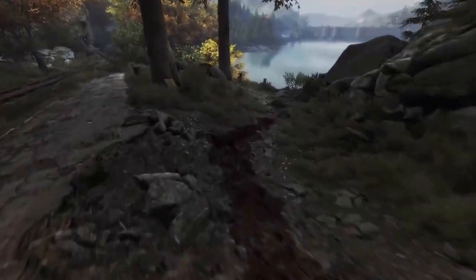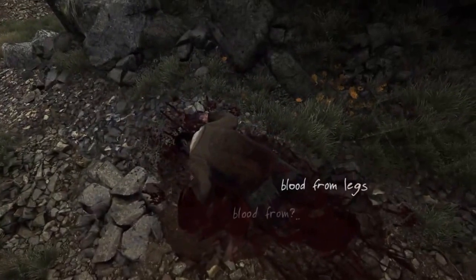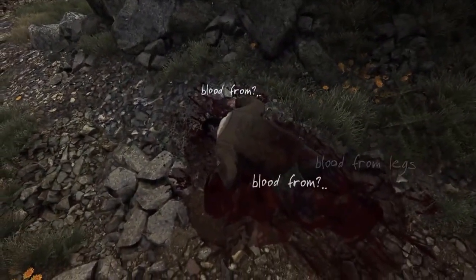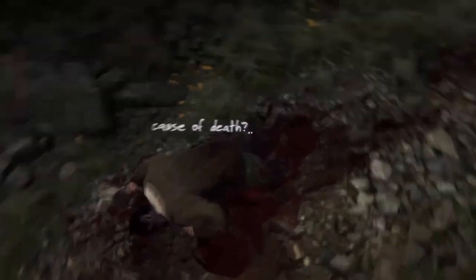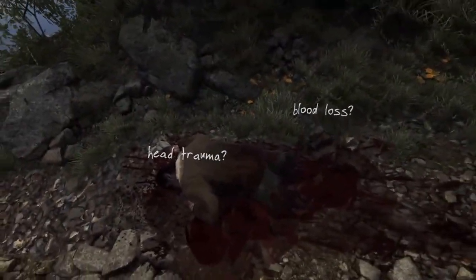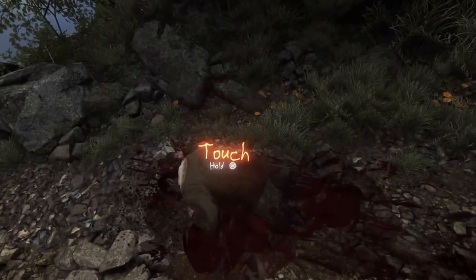Let's follow the trail of blood to find the rest of the body, which we can't find out what happened to him. We need more clues. In fact, these are all questions that Paul Prospero needs to find clues to answer.